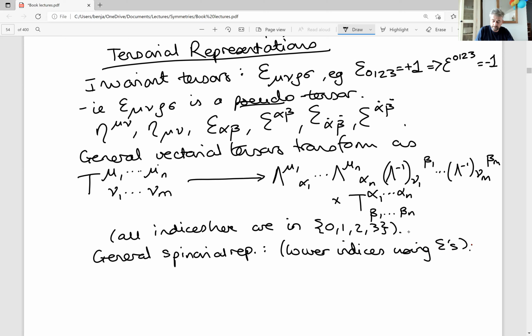Then I can write this tensor upsilon. And let's say it's got 2j downstairs indices, sorry, 2j undotted indices and 2j bar dotted indices.